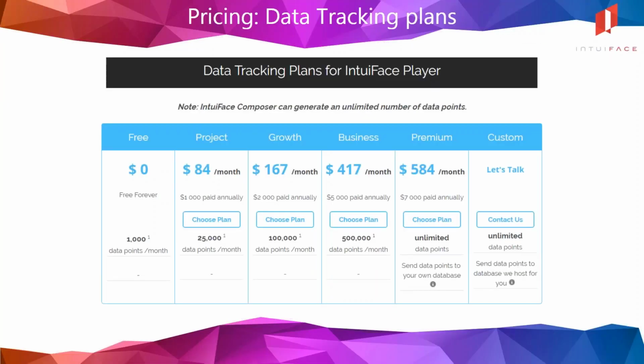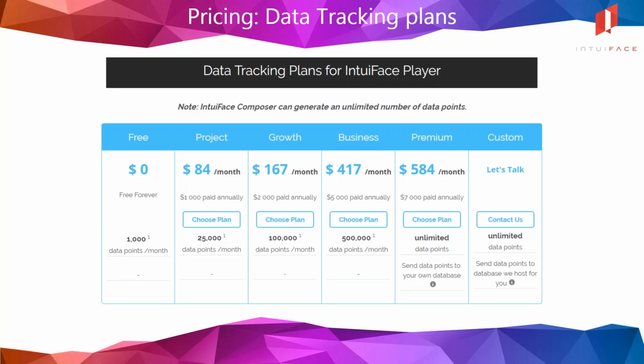All right, data tracking plans. It's the last thing we have to discuss. Remember, Composer can generate an unlimited number of data points. You do pay for the number of data points generated by all of the players in your account. For free, all of the players in your account can collectively generate 1,000 data points each month. So the next month you start over.